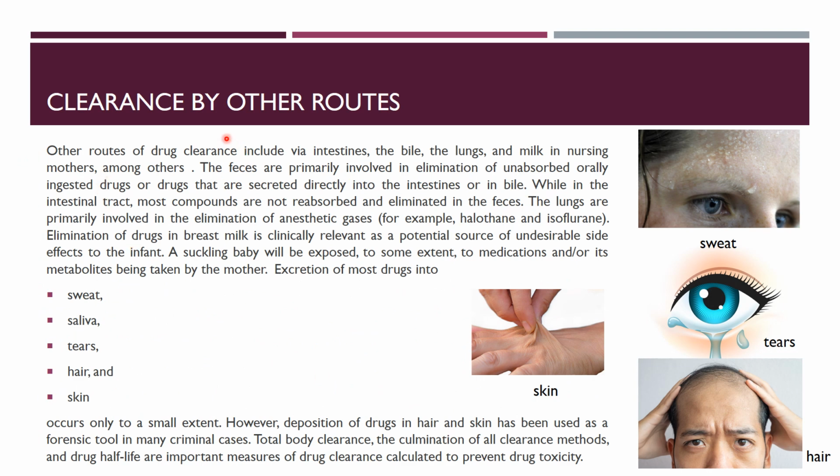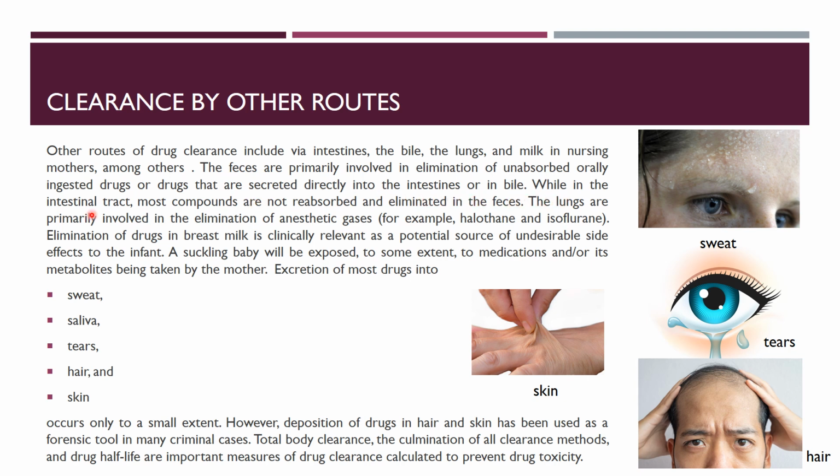Clearance by other routes. Other routes of drug clearance include via the intestines, the bile, the lungs, and milk in nursing mothers, among others. The feces are primarily involved in elimination of unabsorbed orally ingested drugs or drugs that are secreted directly into the intestines or in bile.